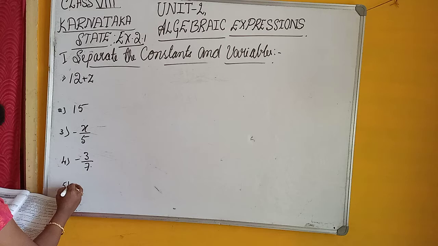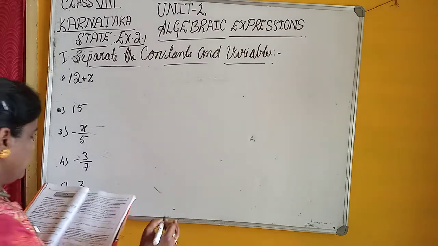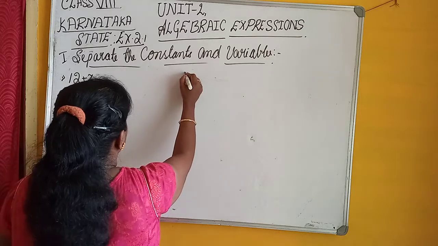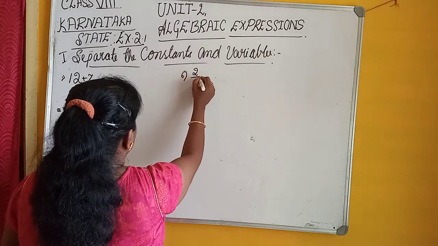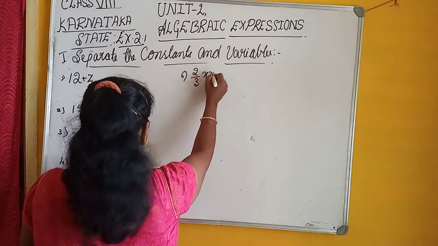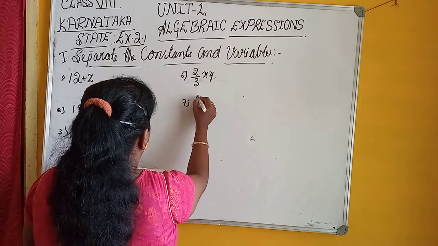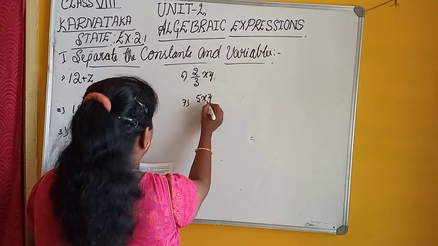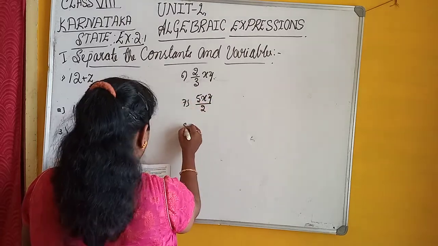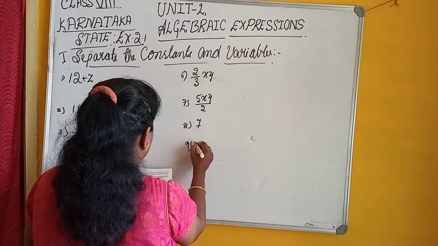Fifth, 6 2 by 3 xy. Then 5xy by 2. Then 7, 9 minus 7 minus x.